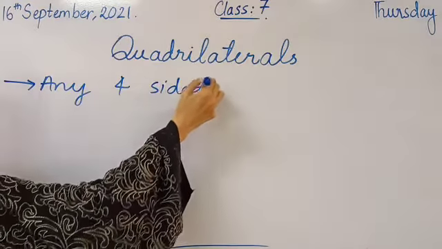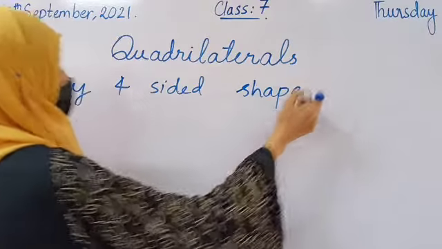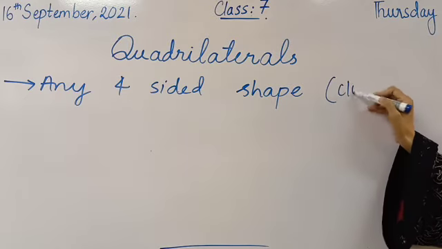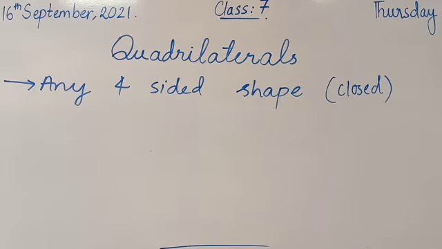But there is a condition on this shape that it must be closed. So you can define a quadrilateral as any four-sided closed shape. This shape has four sides and four angles, of different types.